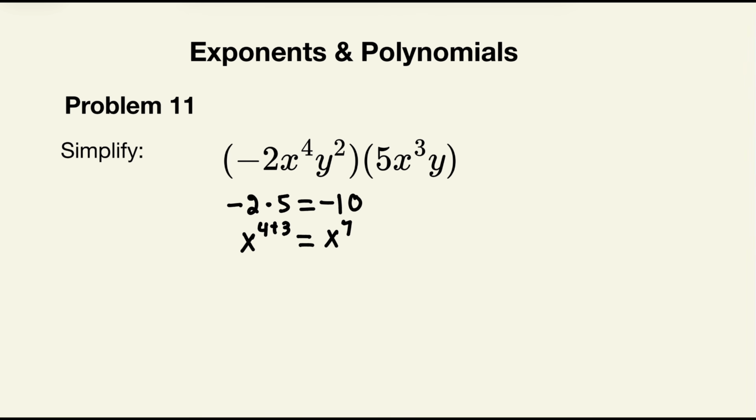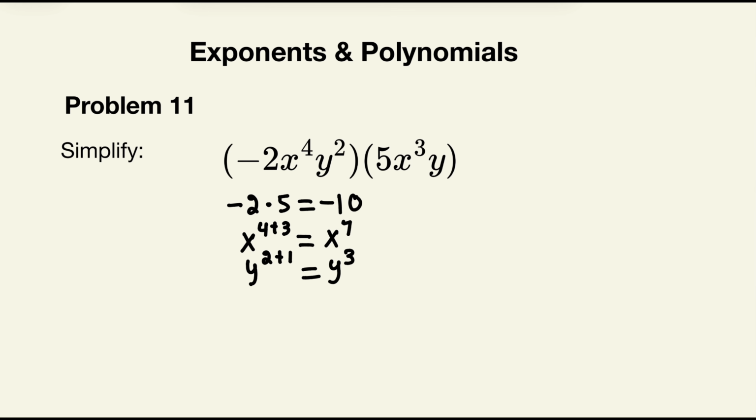And lastly, we have y squared being multiplied to y. And remember, it's understood that this is y to the 1st power, so we are adding the exponents of 2 plus 1. So that is y to the 2nd power times y to the 1st power, and that equals y cubed.